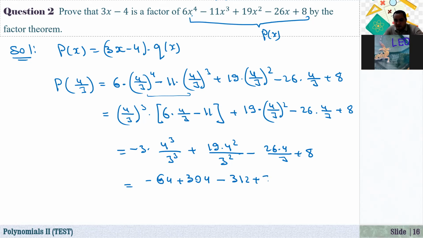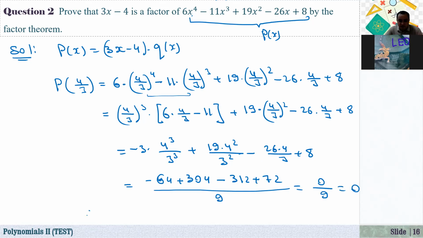8 times 9 is just 72. And here we have the common denominator of, what is it? 9 squared. That's 3 squared. That's 9. So now if you simplify this, 304 minus 312, that's minus 8. Minus 8 plus minus 64 minus 72. So that's equal to then 0 over 9, which is equal to 0.